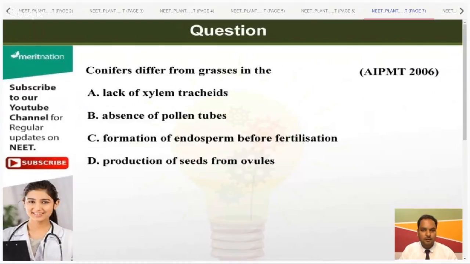So first and foremost, you people tell me, what is a conifer? What's a conifer? Please feel free to ask your doubt. It's a gymnosperm. Absolutely right. Okay, it's a gymnosperm.